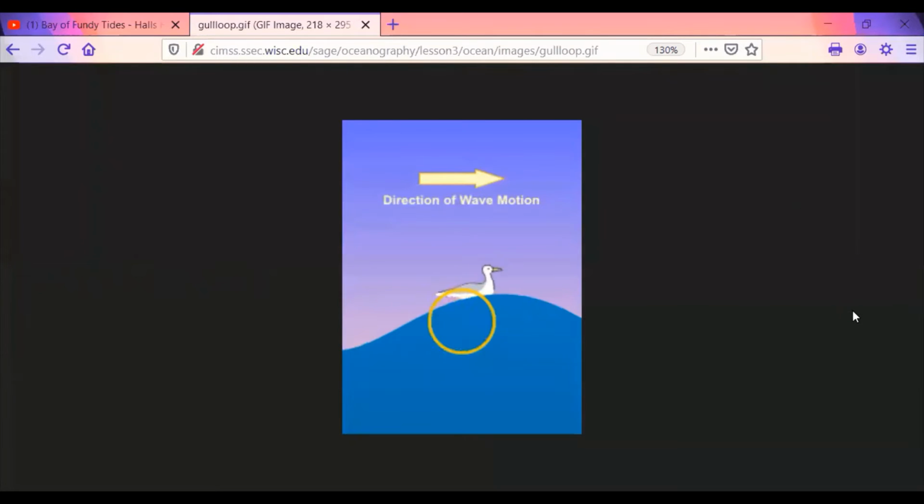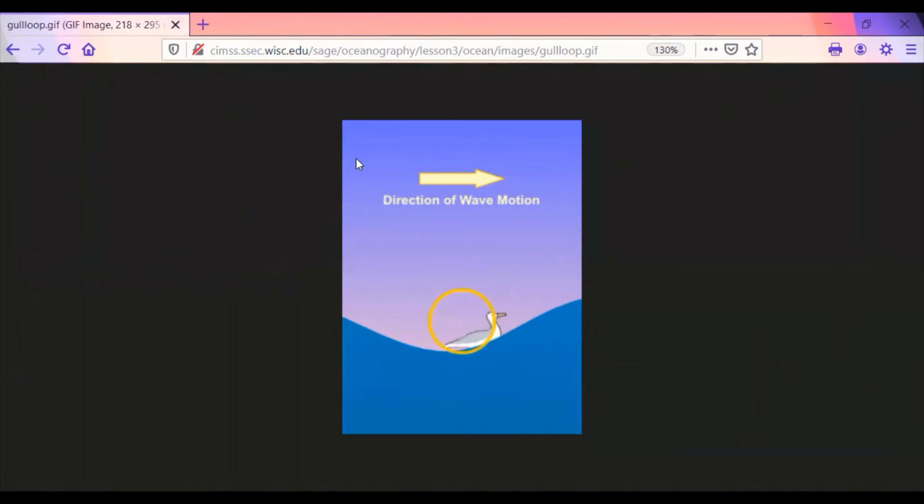Okay, so this shows you a wave. The wave is moving across like this, and there is a seagull on the water surface. Now the seagull is experiencing the wave. The seagull goes up and then back down to its original location.